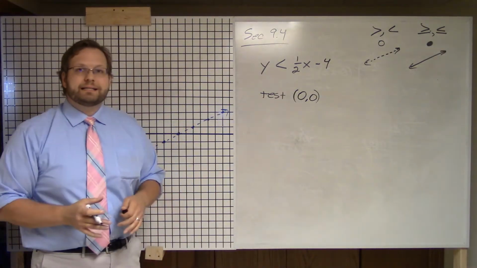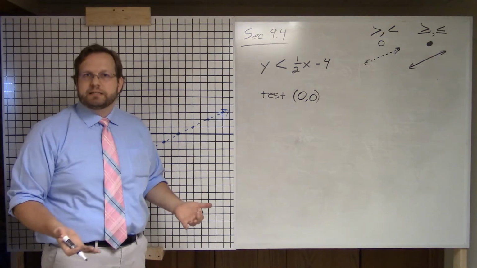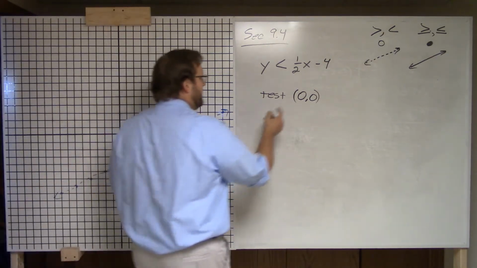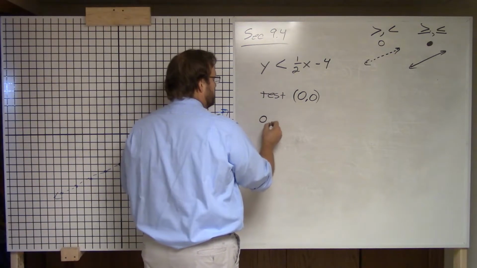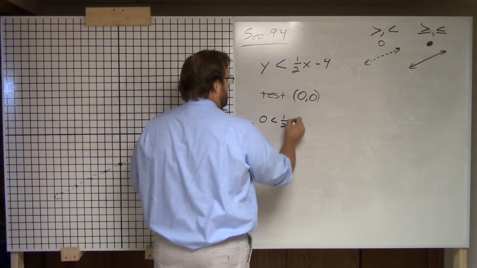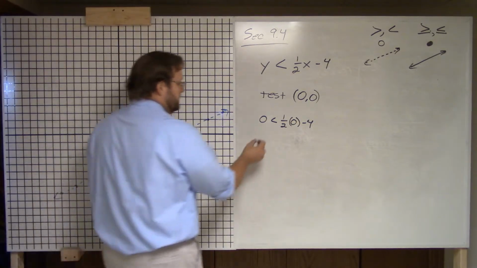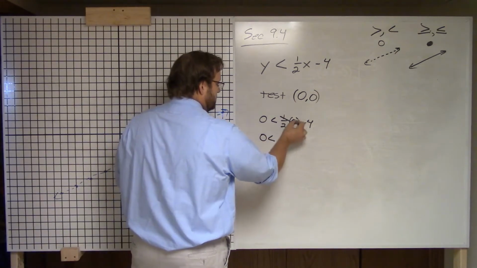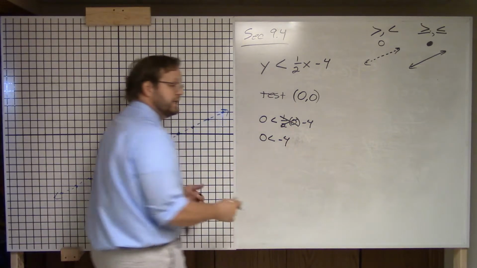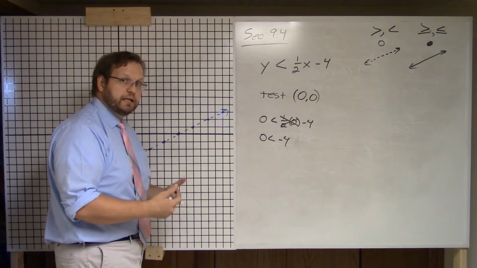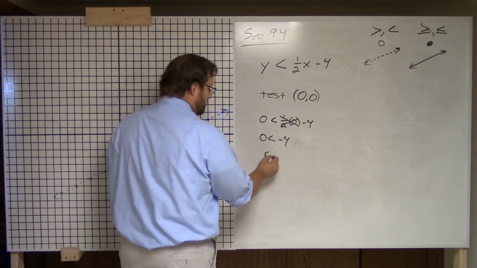Okay, when I test it, I mean I plug it into the inequality and see if it works. So if I plug this in, I'm going to have 0 less than 1/2 times 0 minus 4. 0 less than negative 4. Is 0 smaller than negative 4? That is false.